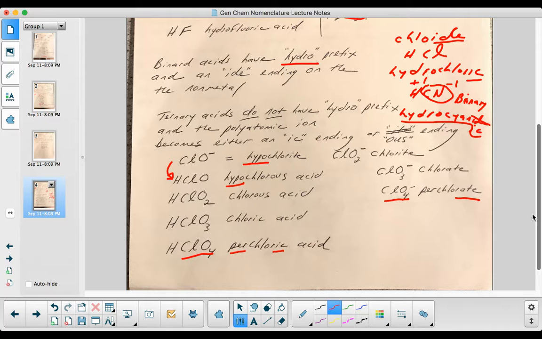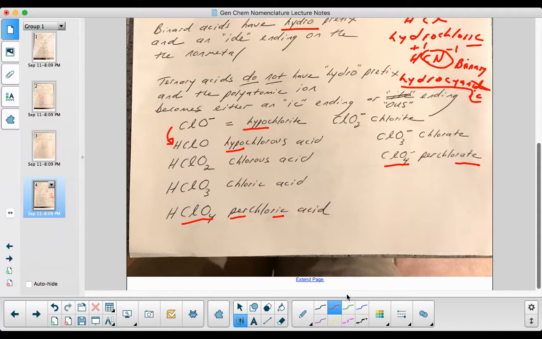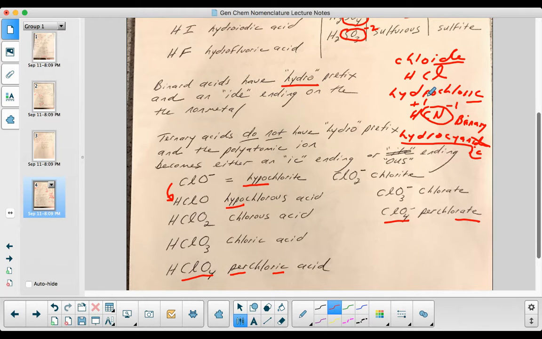Okay, so I hope my messy handwriting up here wasn't confusing. I'm just going to go back to that for a minute. So if I have this HCN, CN is a polyatomic ion, doesn't have oxygen in it, but it still follows the nomenclature for a binary acid, because the name of CN is cyanide, but when I write it as an acid, it becomes hydrocyanic.